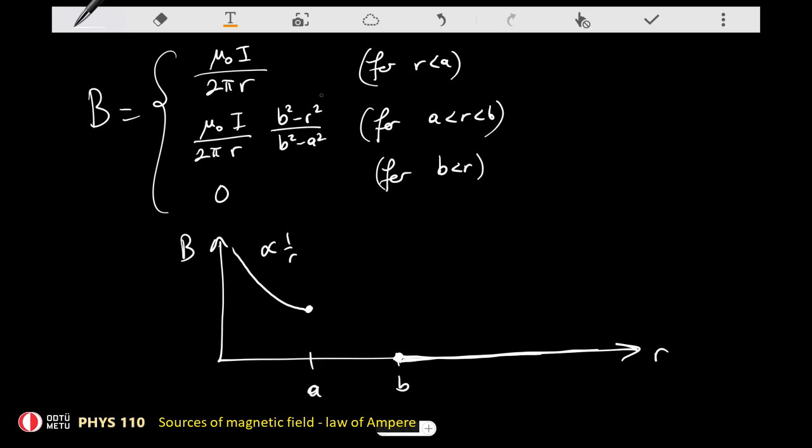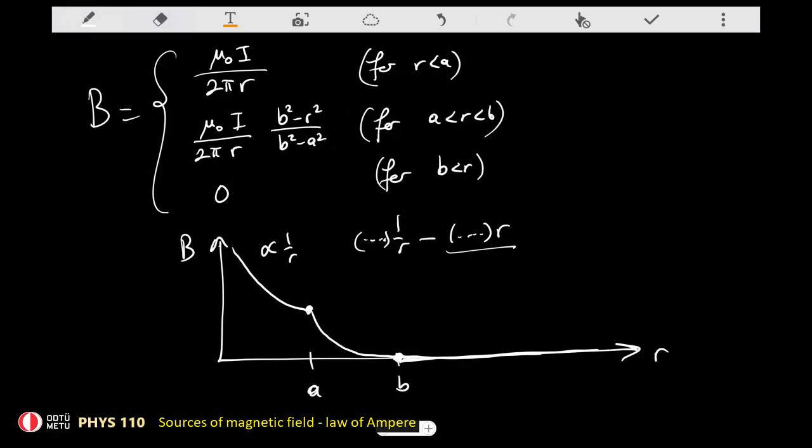You can see that the functional dependence on the distance is like 1 over r something, and then minus something times r. So there's a linear part and this 1 over r part. From here you can see that this is curving up, but it starts from this value and ends up in here.